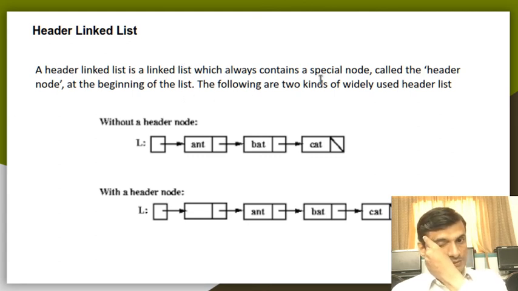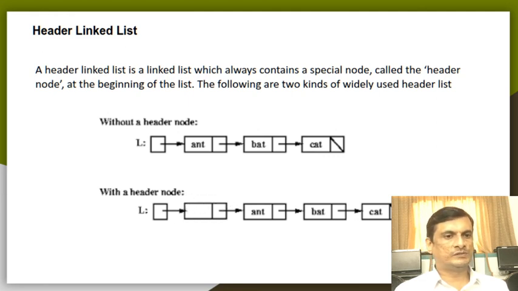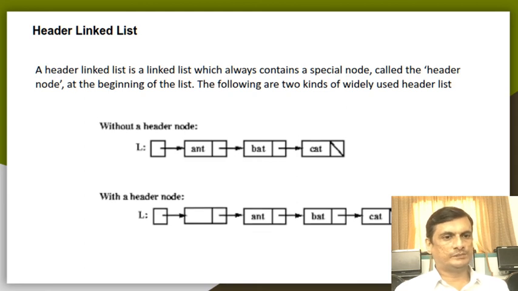It is a linked list which always contains a special node called the header node at the beginning of the linked list, as we already exhibited here. Only thing is that the header node will be associated with, say, ant, pat, cat as the nodes. Earlier we took integers, now it is going to be strings. So a header node will always be there, and that is why you call it the header linked list.